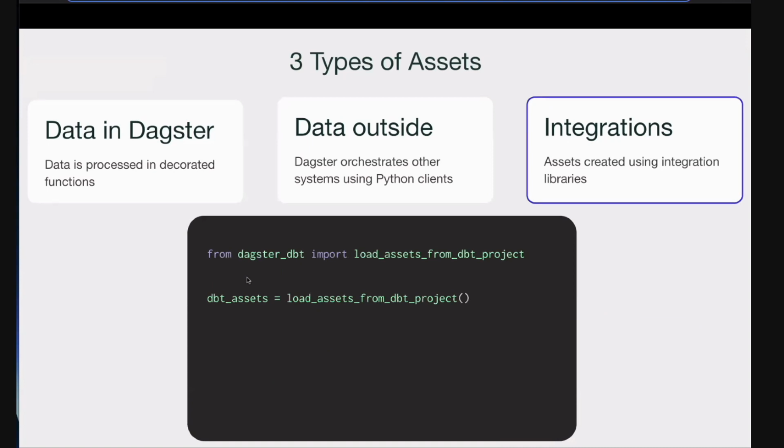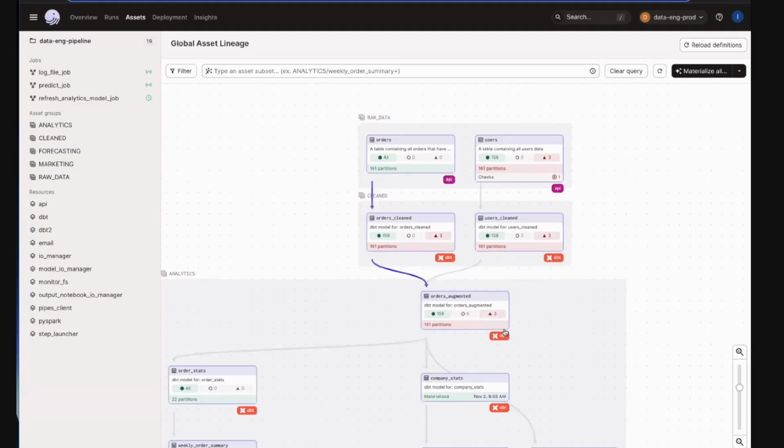These integrations help to simplify that process. Let's say you have 100 dbt models in your dbt project. This line of code will convert those 100 dbt models to Dagster assets, so you don't have to map them one-to-one. It does that mapping for you, and you still get the benefit of them showing up in the lineage graph. Then you can tie those back to jobs and schedule them at different cadences as needed.